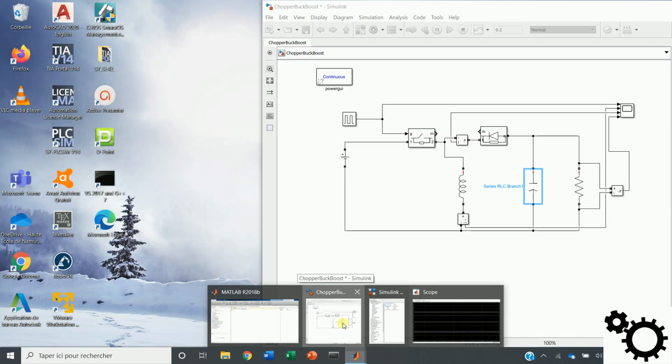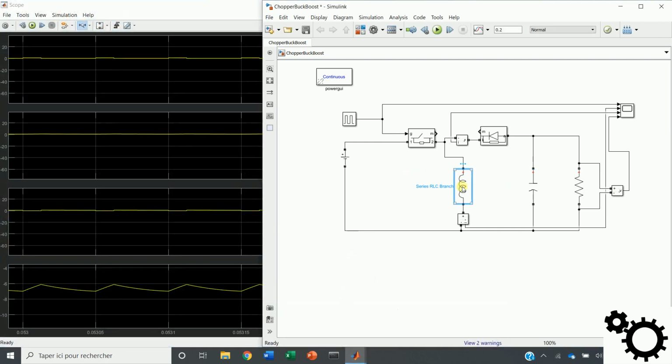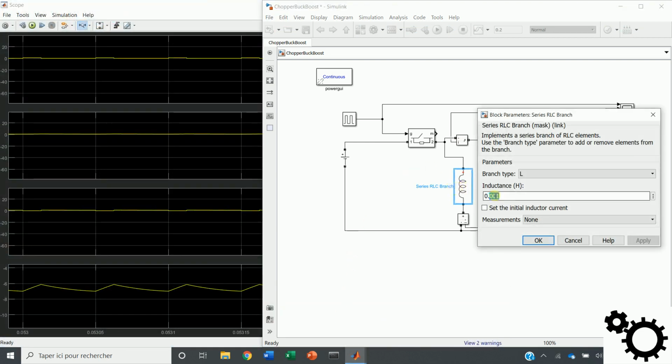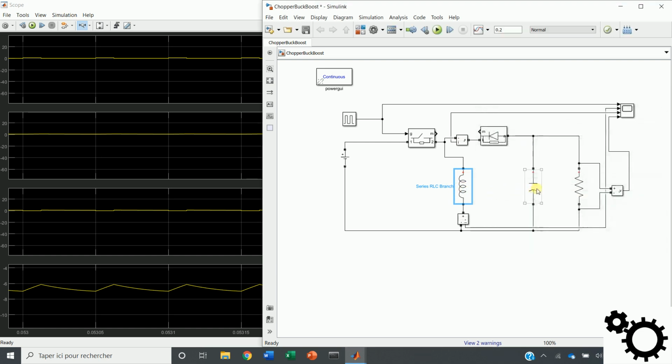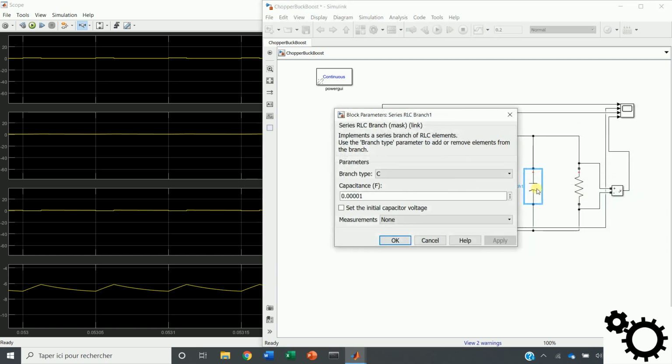If we reduce the inductor value, the current through the inductor will reach zero before the end of the period. That's how we can have the discontinuous mode. We increase the capacitor value for keeping the reduction of the ripples.